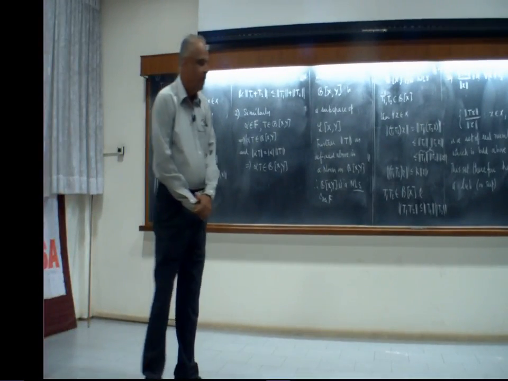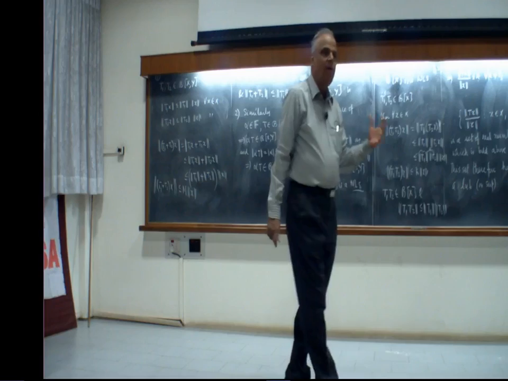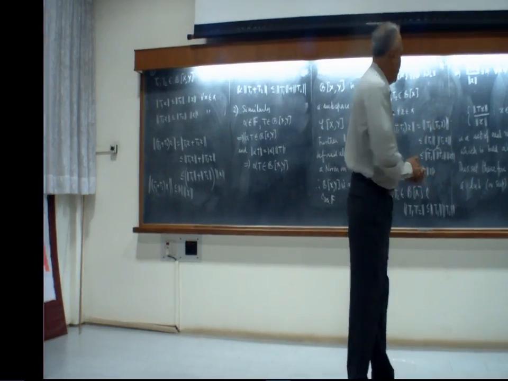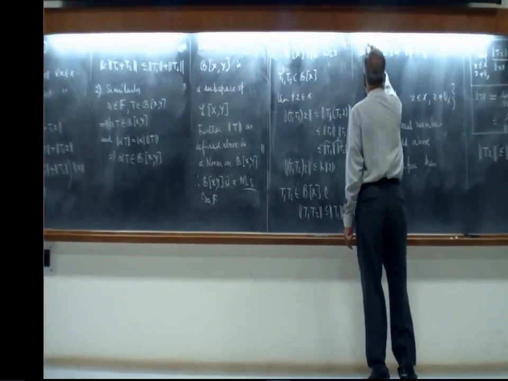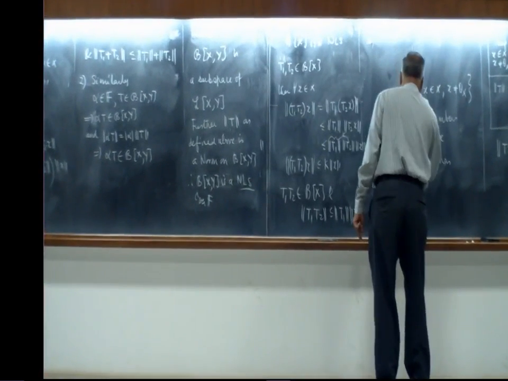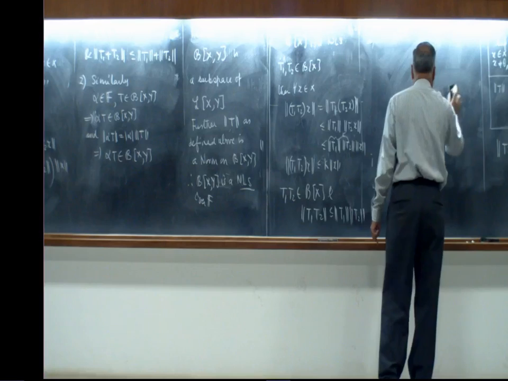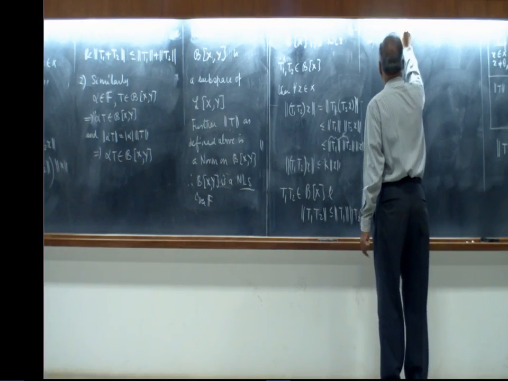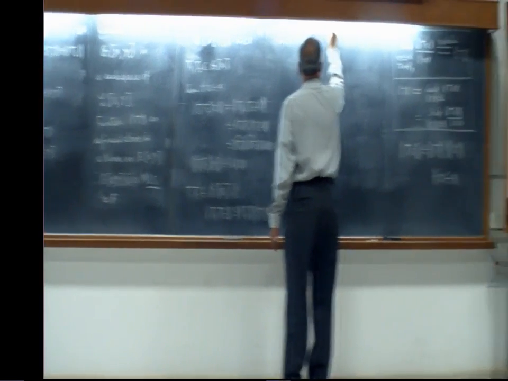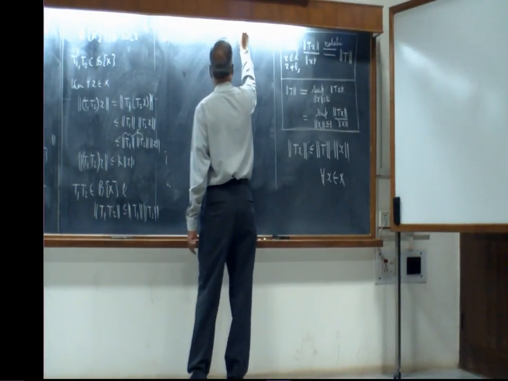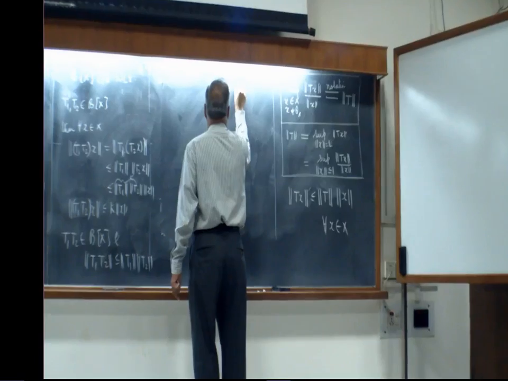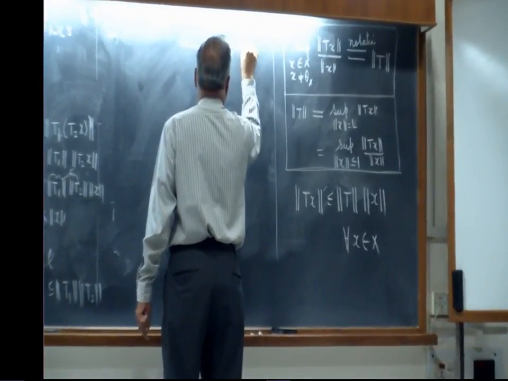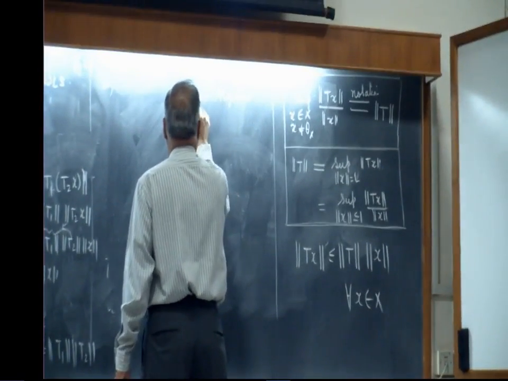Okay. So therefore this is a normed linear algebra with identity. So Bx is a normed linear algebra with identity.